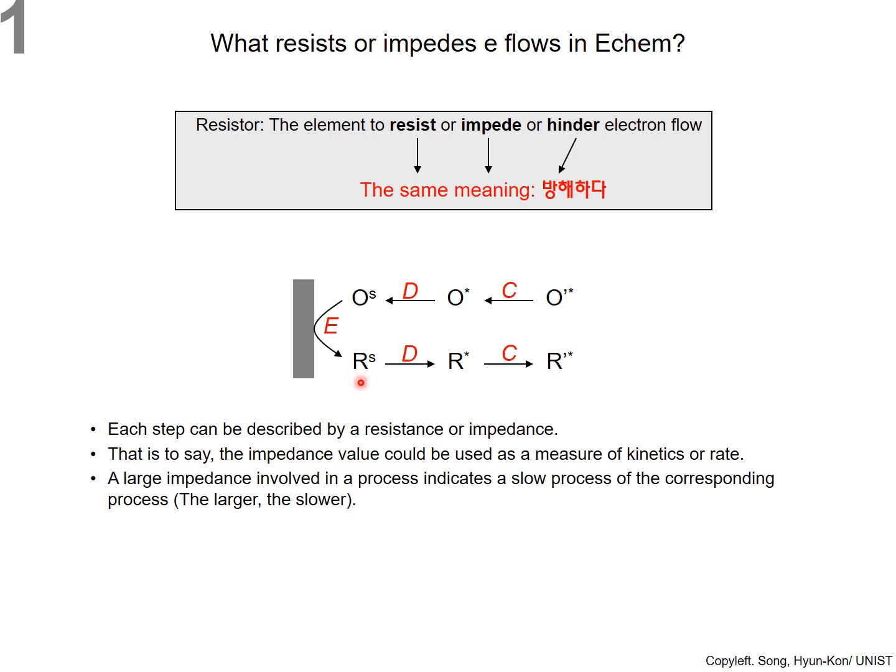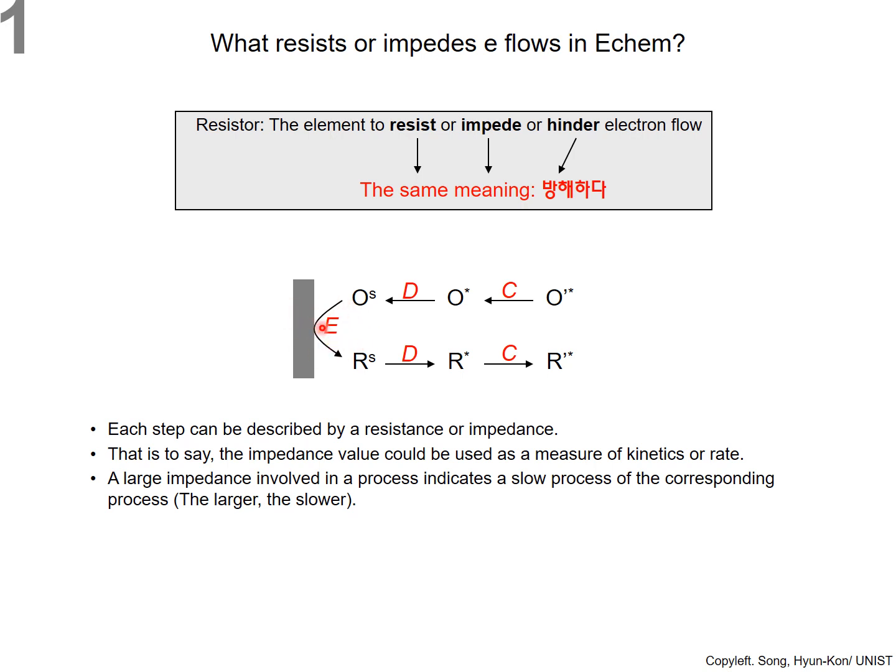Those reduced species on the electrode then mass transfer out toward the bulk electrolyte, followed sometimes by chemical reactions. So, with or without the chemical reactions, we can consider a mass transfer process and also electron transfer, or sometimes charge transfer, processes.